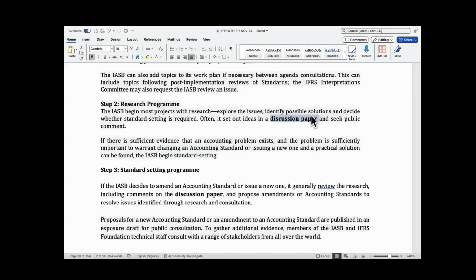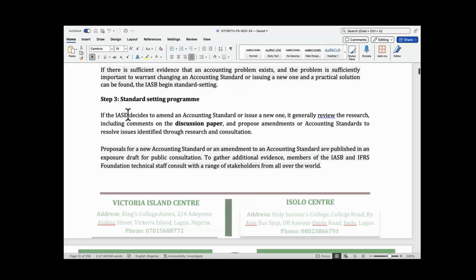See, in this step 2, they could be on it for months or even years just to agree whether they should start the project or not. Now, if it's valid that there's an accounting problem, then they would move on to step 3, which is the standard setting program.